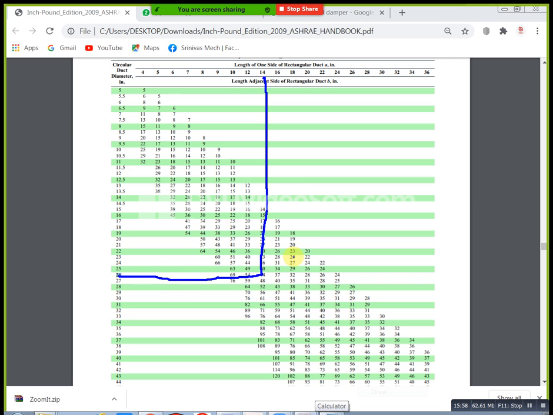Why? Means we have that one also, I will explain that one also. First of all, I will explain manual calculation, at the same time this diameter based calculation. Next I will come to the software.